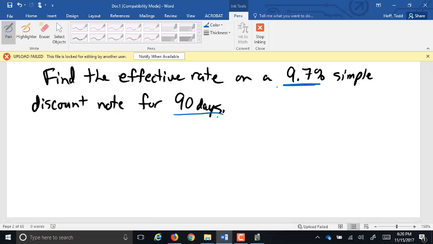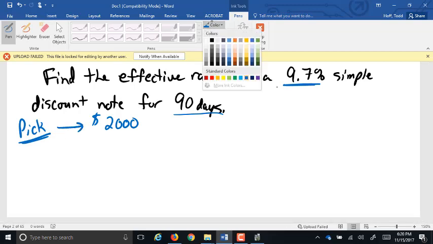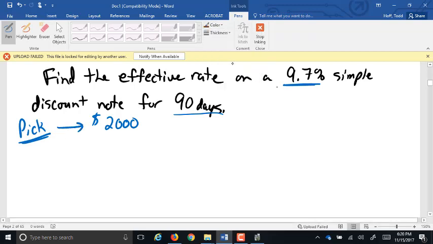Somebody give me a nice round number. $2,000 works for me. We just picked $2,000. It has nothing to do with the problem because, like we said, the amount of principal does not affect the effective rate. It's the stated rate, the nominal rate, and the time.